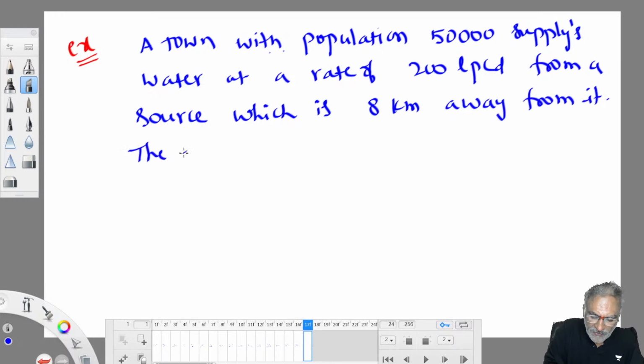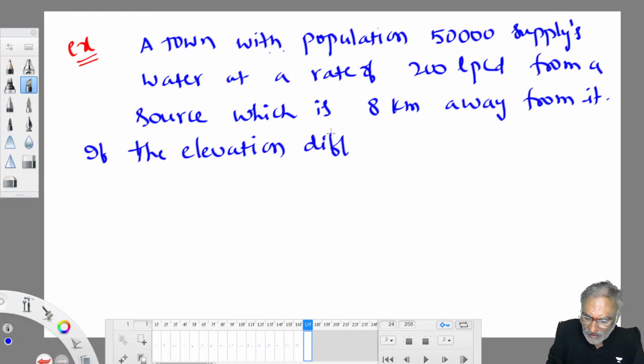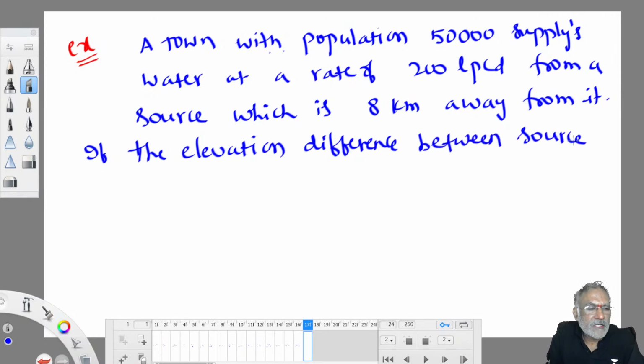The elevation difference between source and city is 10 meters. Find the diameter of the conveying main.